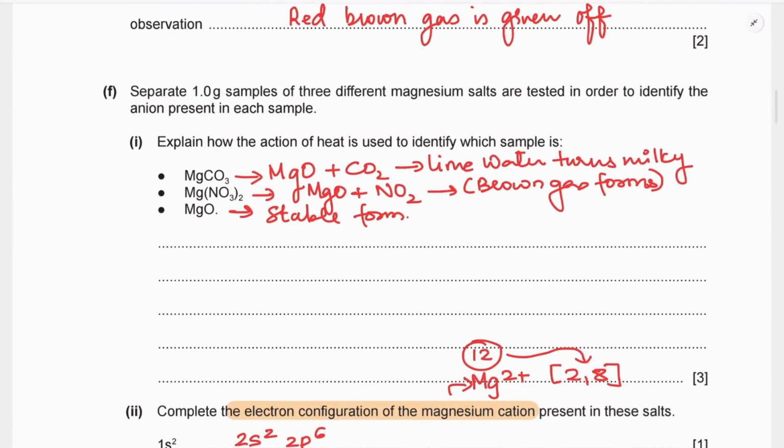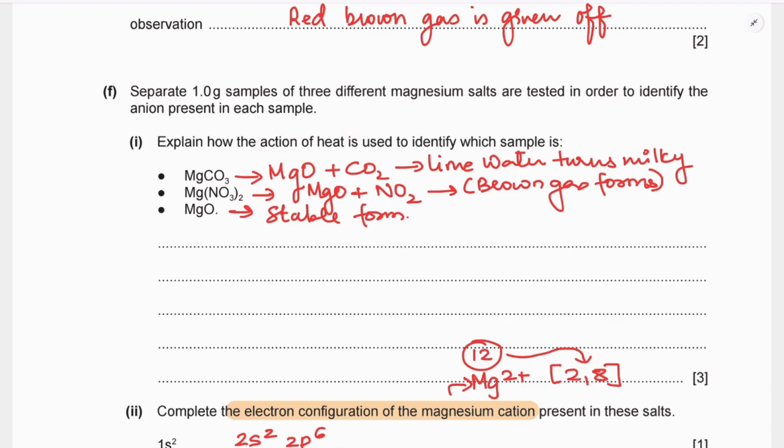Separate 1 gram samples of 3 different magnesium salts are tested in order to identify the anion present in each sample. Explain how the action of heat is used to identify which sample is magnesium carbonate. Basically, over here they're asking about the action of heat, thermal decomposition.